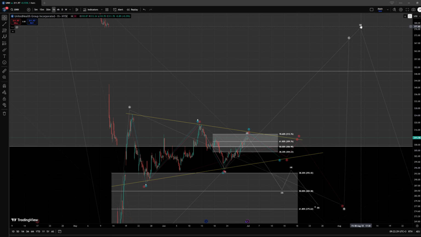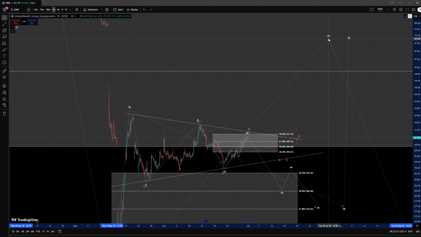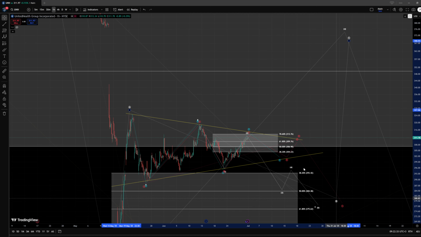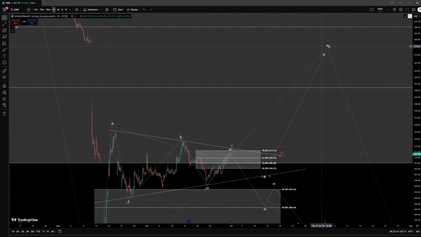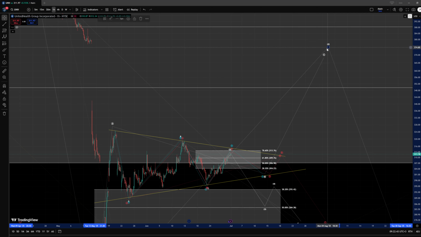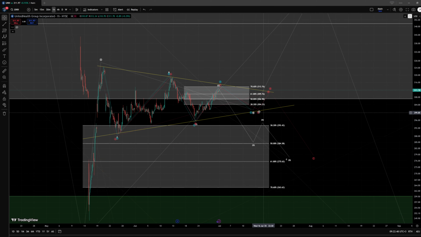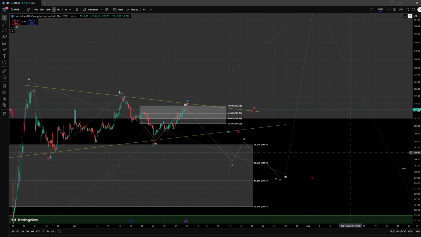The other fortunate thing is that if this breaks out to the upside in a B wave triangle here, we can more certainly say that this is a three-wave move, or this will end in a three-wave move, and then a correction should follow. But for now, we have to track the levels.